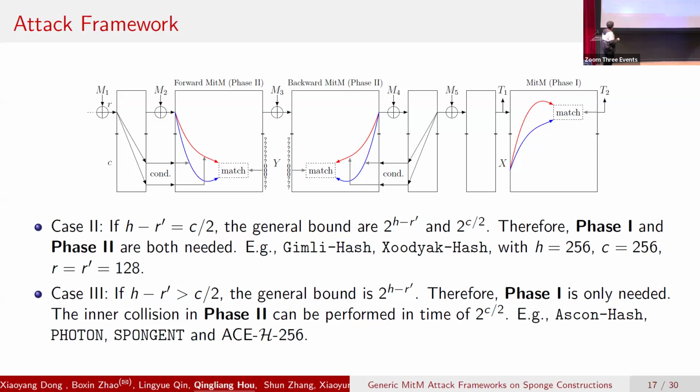For the last case, if H minus R prime is greater than C over 2, the general bound is 2 to the H minus R prime. So phase 1 dominates the total time cost, and the inner creation in phase 2 can be performed trivially in time of 2 to the C over 2. The typical example is Ascon hash.